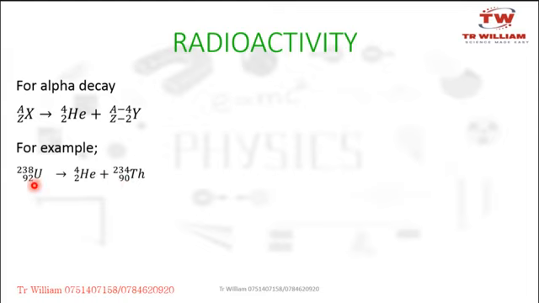If uranium has lost 4 of its mass number and 2 of its atomic number, then it has become a new element called thorium. That is how the decay happens. Even thorium can undergo alpha decay and become a new element, and the process continues. That is what we call radioactive decay.